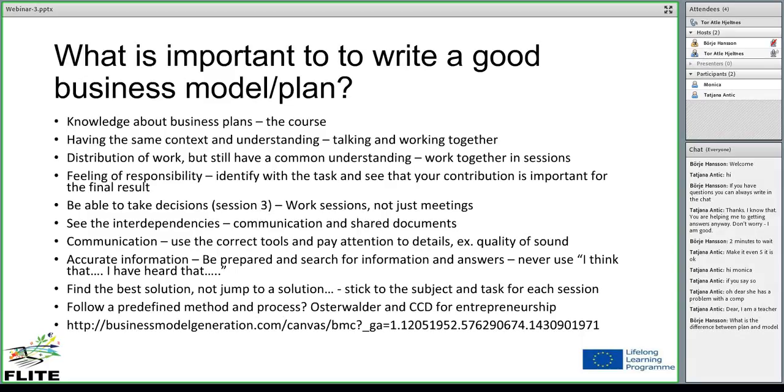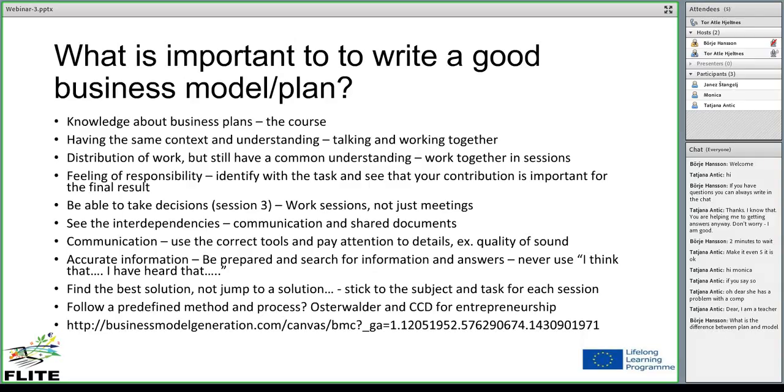Another thing we need to do to write a good business plan is to be able to take decisions. Because we can use a lot of time, days, weeks, months and so on, just trying to discuss and maybe not agree, and this is not fruitful.